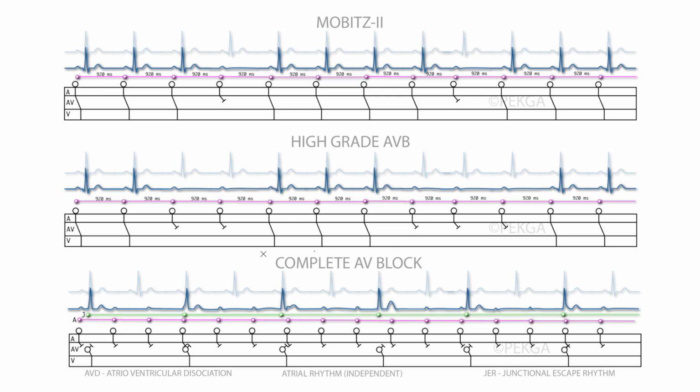You know, there would be a complete heart block, complete AV block. But I really wanted to focus on the high-grade block and show you what that looks like on this ladder diagram. This is something that we use extensively in the classes. It really helps illustrate the point, and hopefully it helped you here.